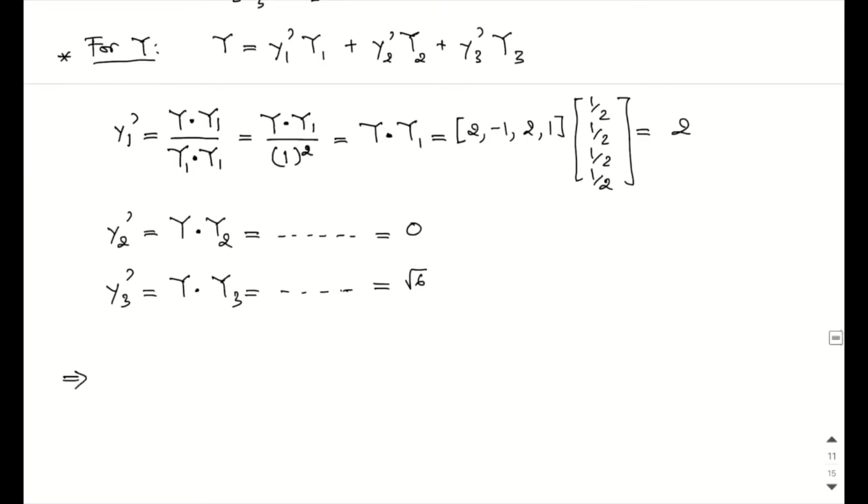And so this implies that the coordinate of y with respect to the orthonormal basis B prime is a triple 2, 0, square root of 6. Remember, vector y is a vector of 4 entries, of 4 tuples. But its coordinate is just a triple. So the vector and its coordinate with respect to a basis is different.